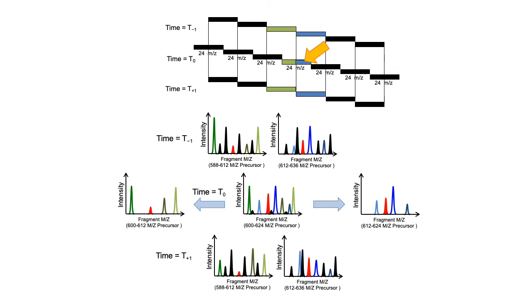And now instead of having 24 MZ wide windows, after demultiplexing, we now have 12 MZ wide windows, absolutely 100% free, with a little extra computational processing. However, this type of math is severely affected by noise. That said, as we discussed earlier, Orbitraps produce relatively little background noise, and this approach works remarkably well.